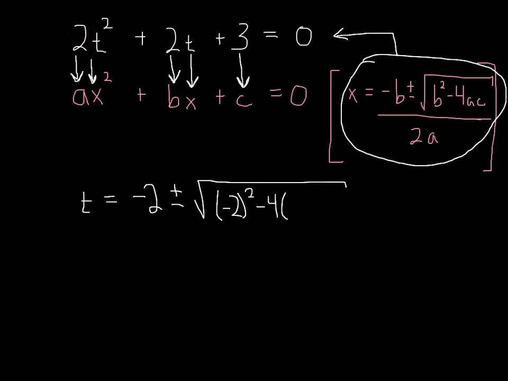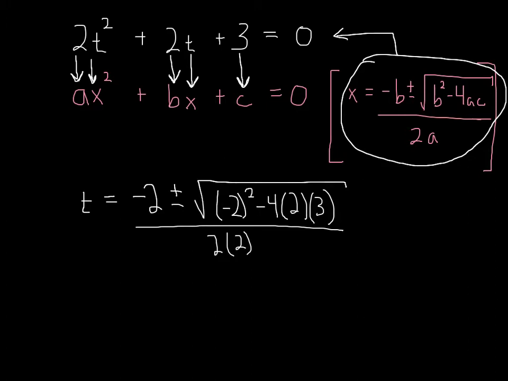I can see that from the above equation, times c. And in this case my c is equal to 3. And then I need to divide all of this by 2 times a, which if we remember is still equal to 2.